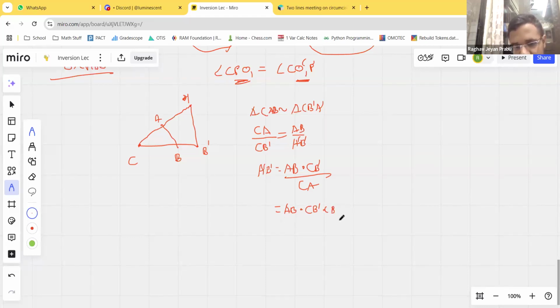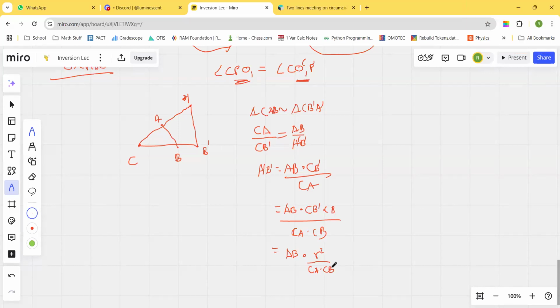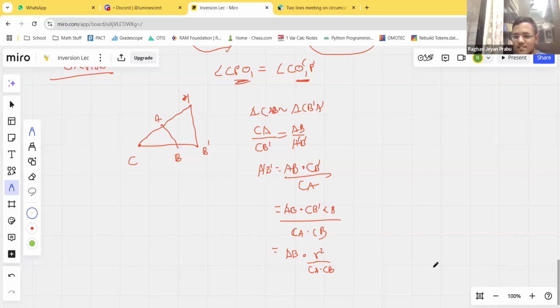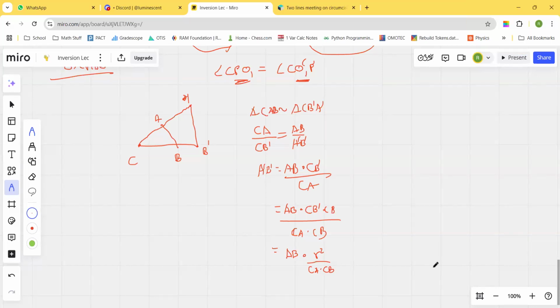So this will become AB times CB dash times CB, by CA times CB. So now by definition, we know that CB dash times CB is just R square, right? So essentially this just becomes AB times R square by CA times CB. Does everyone understand this? Yeah, got it. Has everybody else understood? Because I'm hearing only one person. Yes. Nice.